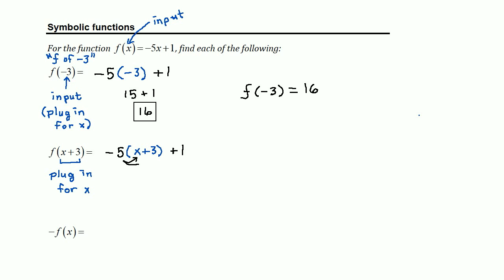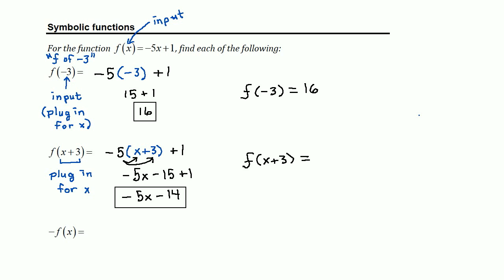I'm going to distribute into those parentheses to get negative 5x minus 15 plus 1, which becomes negative 5x minus 14. So this could be my final answer. Or if I wanted, again, to write this using function language, I could say f of x plus 3 is equal to negative 5x minus 14.